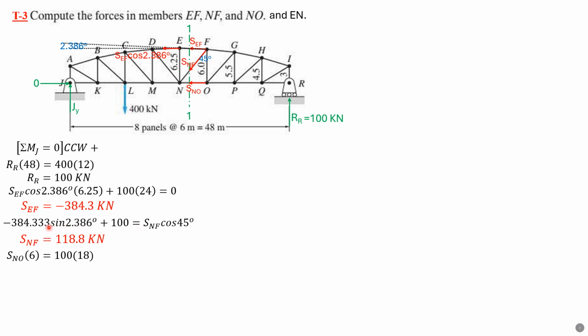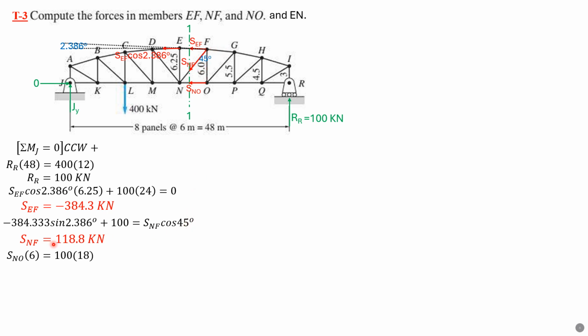By the way, in computing SNF, this angle is 45 degrees. 6, 6, so 45 degrees. This equation is set up as summation of forces in y: SEF, which is negative 384.333 sine 2.386, then plus 100, equals the vertical component of SNF going down, and that is SNF cosine 45.